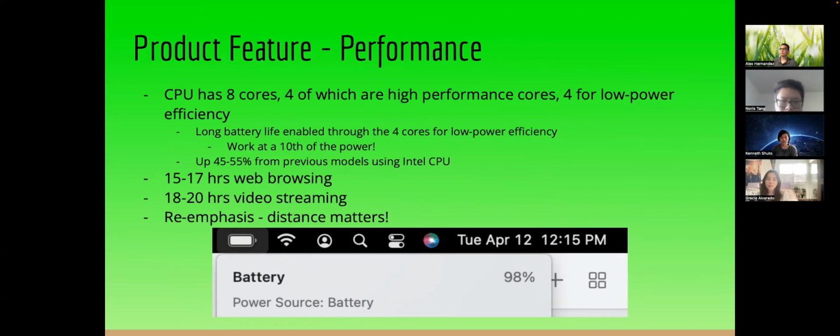Just to get an idea of performance, with the M1, Macs offer around 15 to 17 hours of simple web browsing and 18 to 20 hours of video streaming. I would just like to reemphasize how the structure of the M1 improves performance. By having multiple components on the same chip, data can travel shorter distances faster and at less power. Next slide.